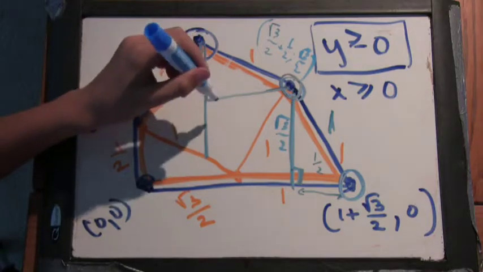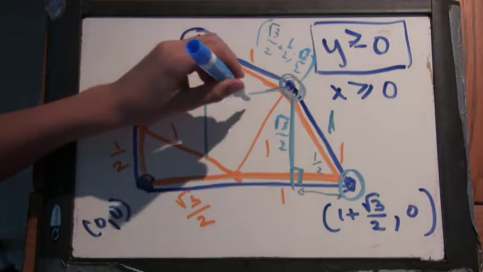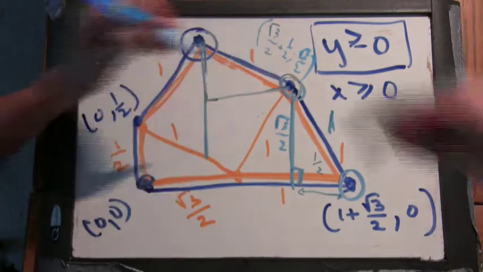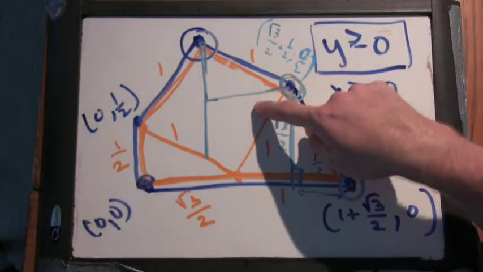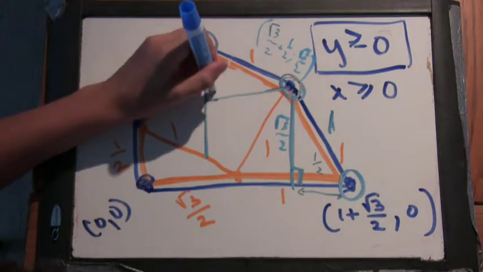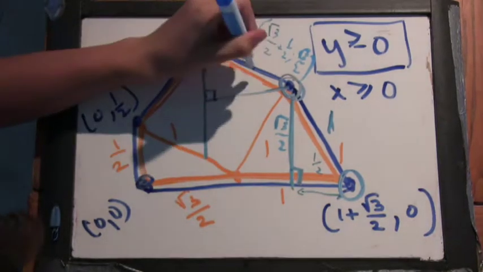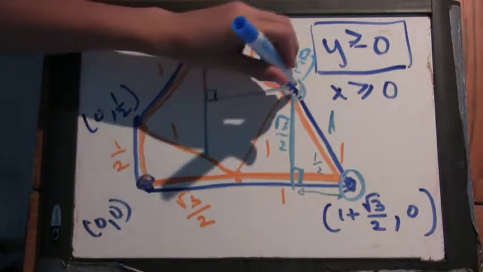Help me understand, what is this line that you're drawing here? What is it doing? I'm trying to cut this triangle, or this square, into another 30, 60, 90 triangle like that.